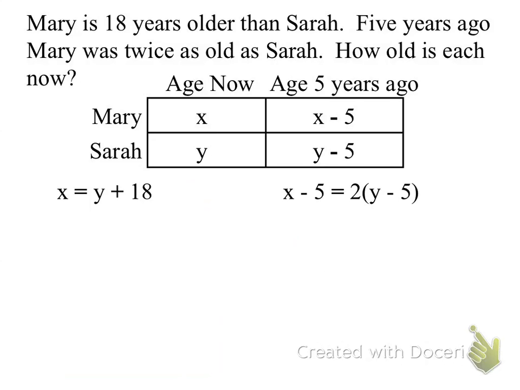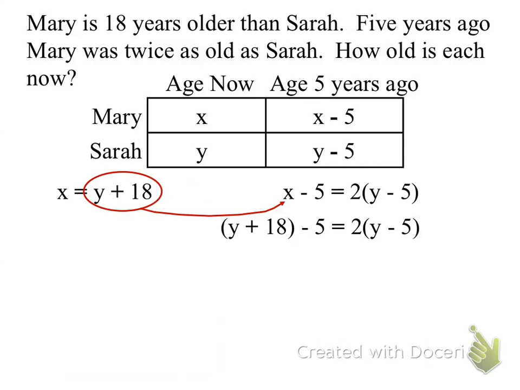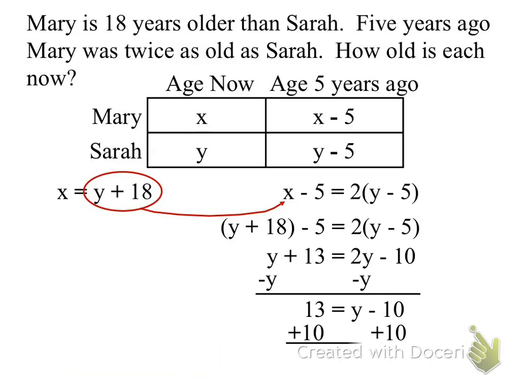So now what am I doing? You said substitute. I'm substituting in. And now we have to simplify. Once I've eliminated one variable, we're left with y plus 13 equals 2y minus 10. I'm going to subtract y from both sides, add 10 to both sides, and y is 23.